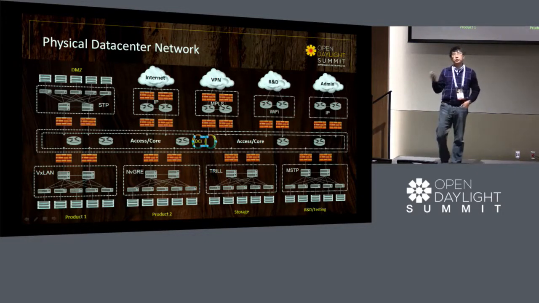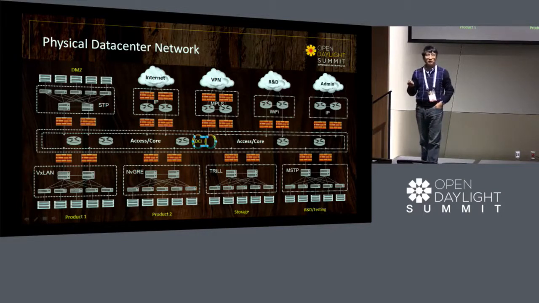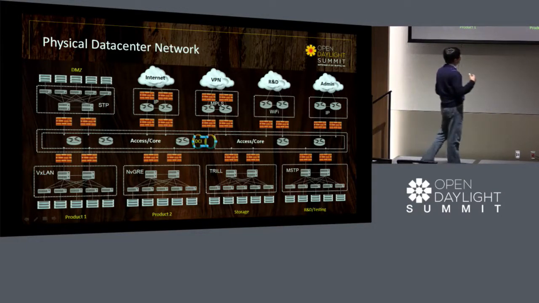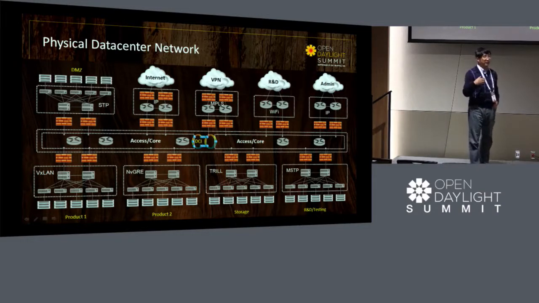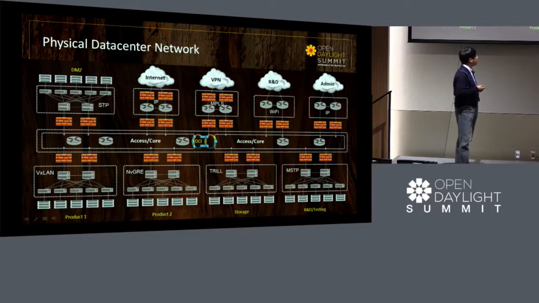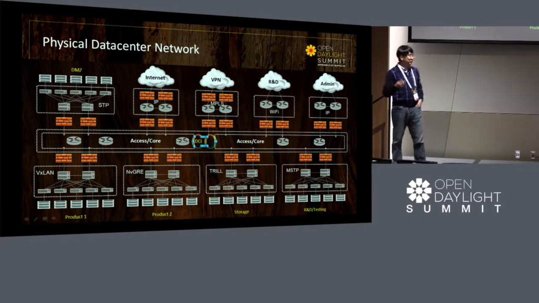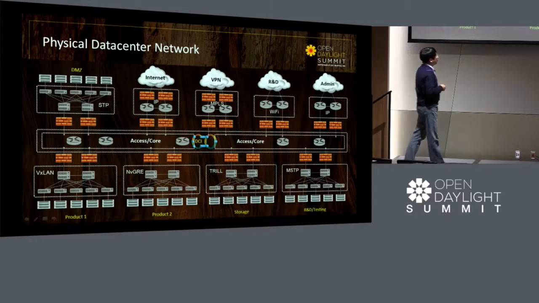And because of history, they use different technologies. For example, in the beginning, they use MSTP. Then later, they use FabricPath, then TRILL, MEGRE, VXLAN. And every time, they build one pod, one by one.